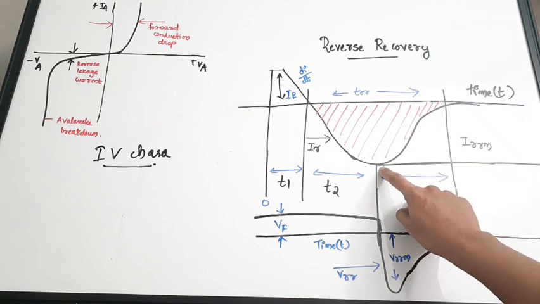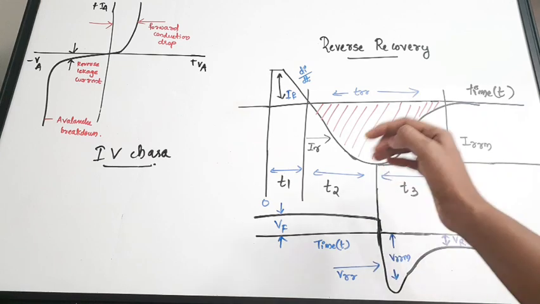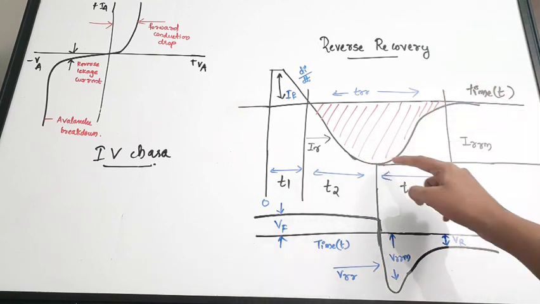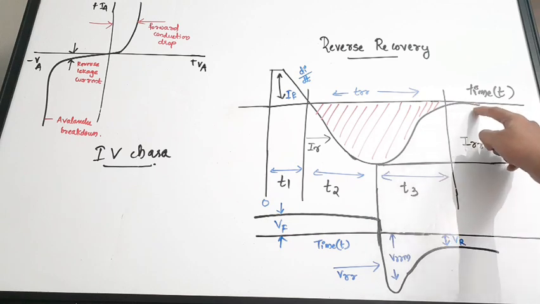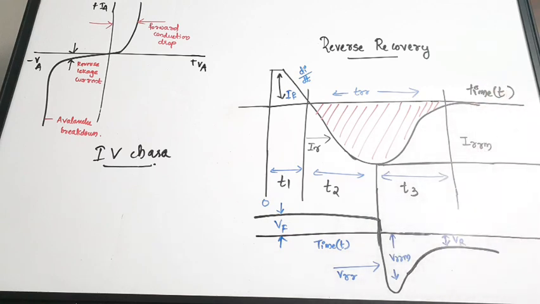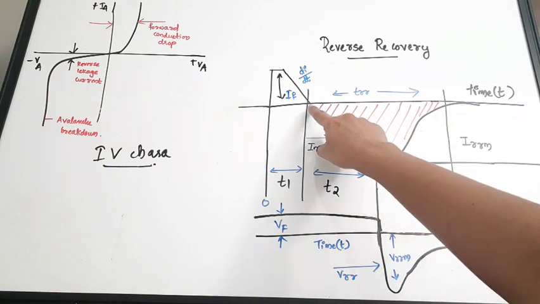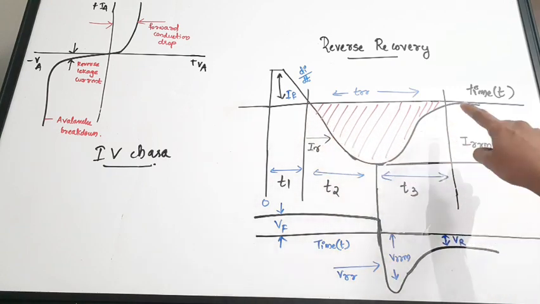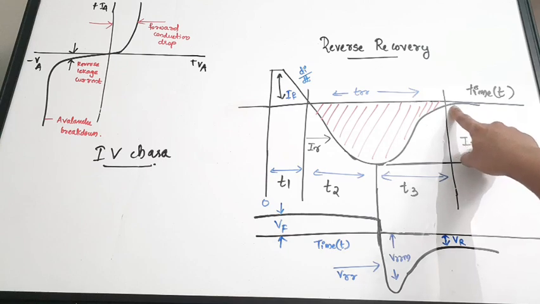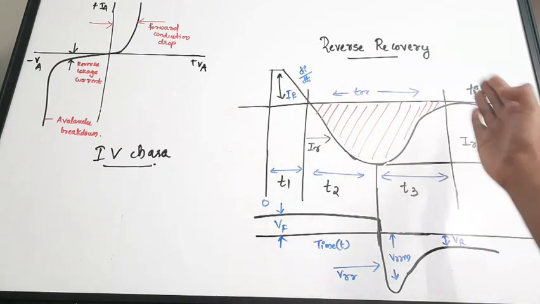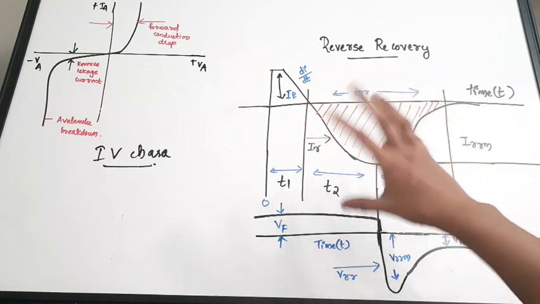And after that point, suddenly it will go back and reach 0. Okay, and this particular time period, when it suddenly goes to the negative value and then reaches a value close to 0, is called the reverse recovery time.